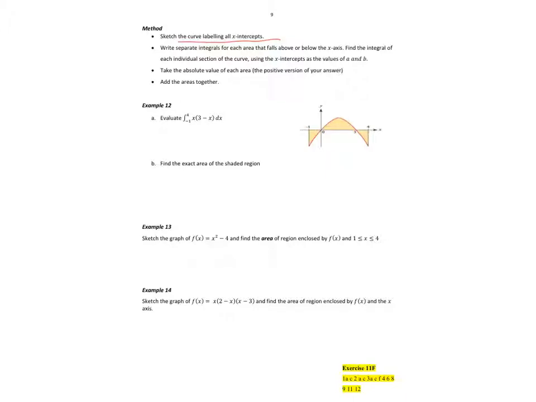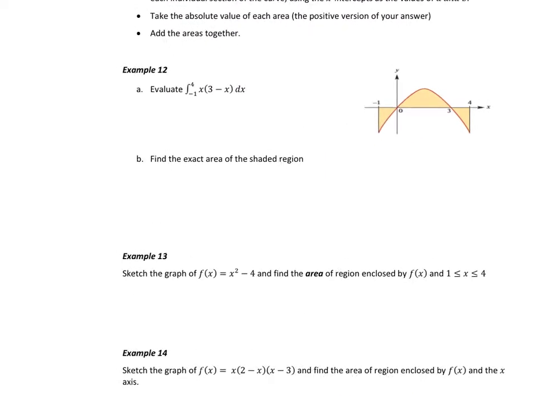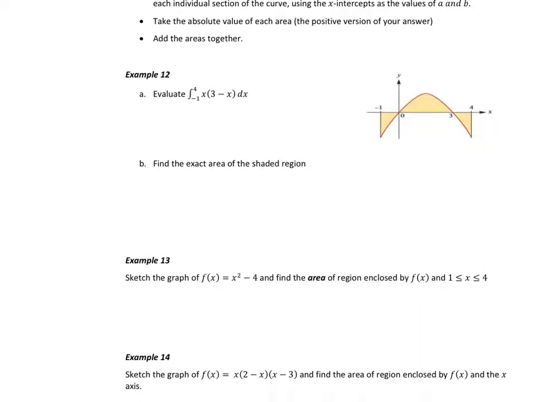So if we have a look straight away at example 12, first things first. The first part in example 12 simply says evaluate that integral. So let's just go with the integral from -1 to 4 of 3x minus x squared dx, which is equal to the antiderivative, 3x squared on 2 minus x cubed on 3, evaluated between 4 and -1.